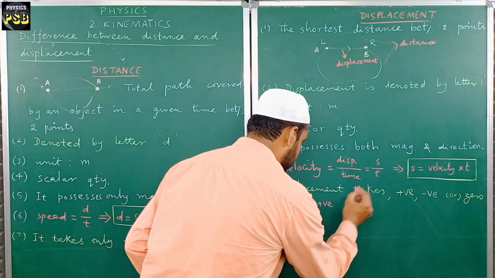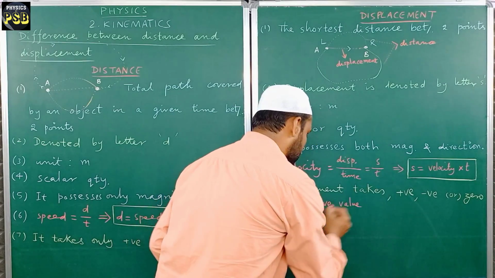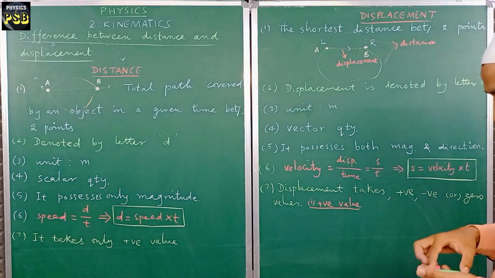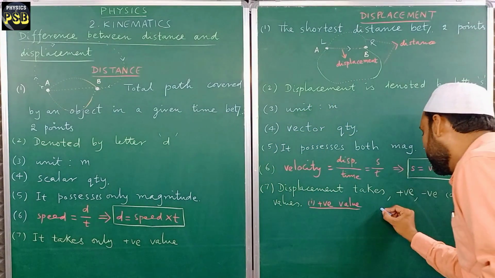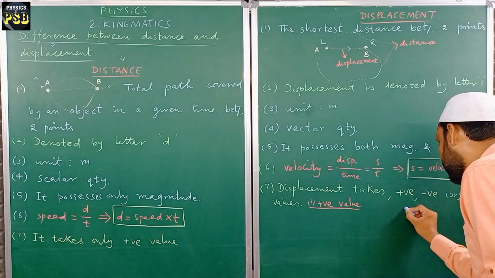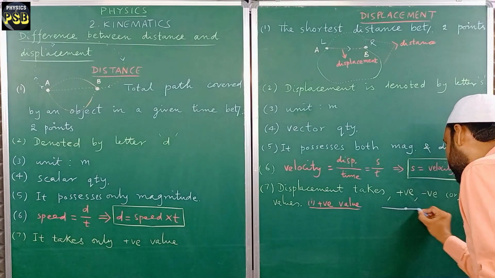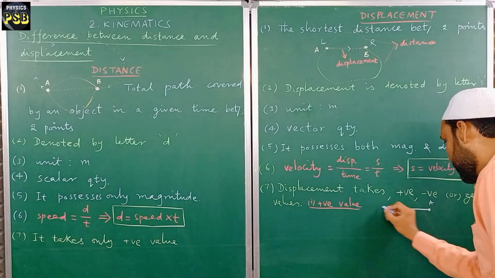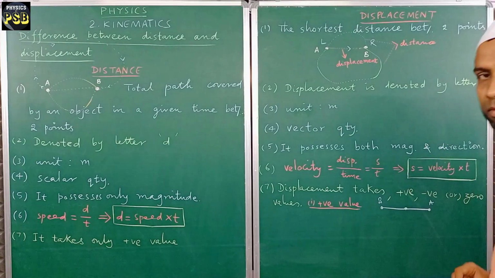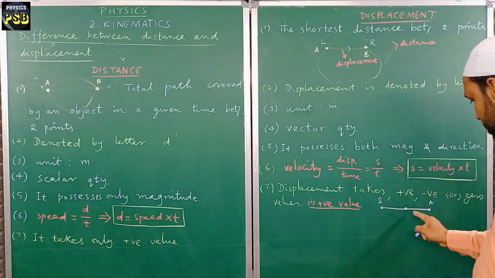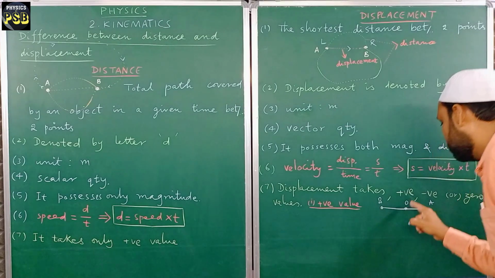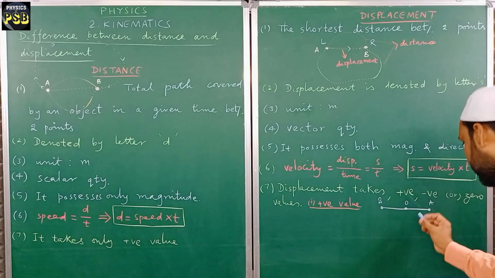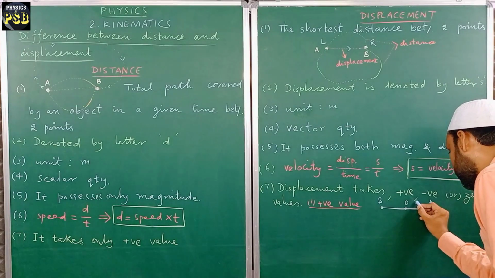First case. Suppose an object is present at the origin. See, I take this point as origin, and this point as A, and this point as B. Now it is placed at origin. If the object moves towards A, I take the value as a positive value.